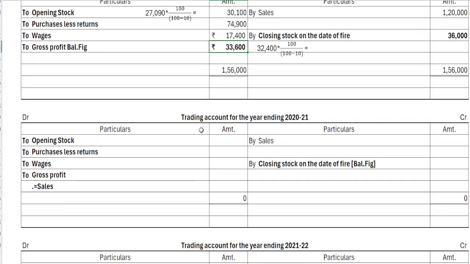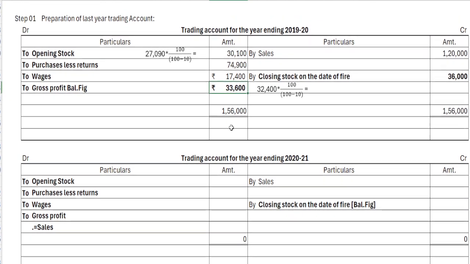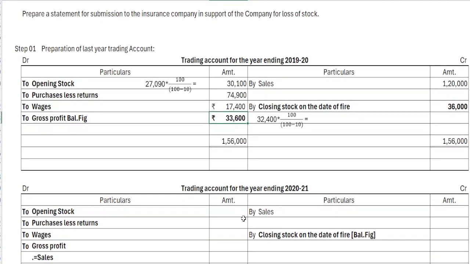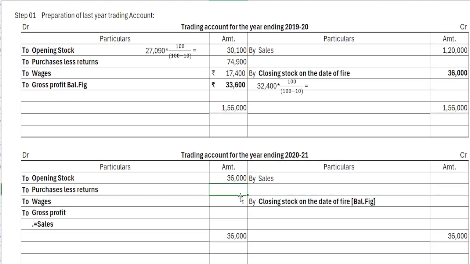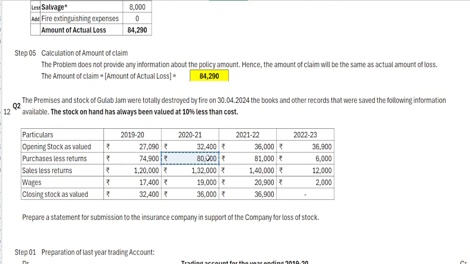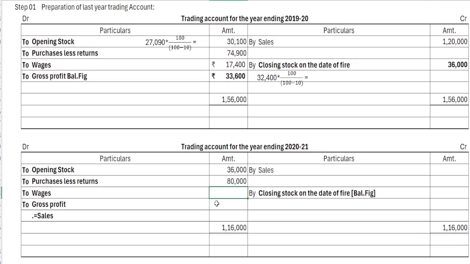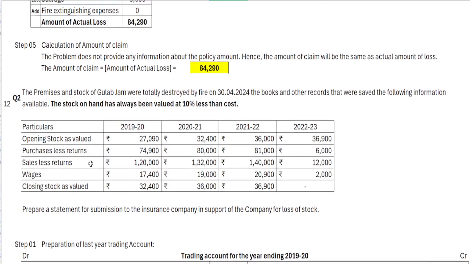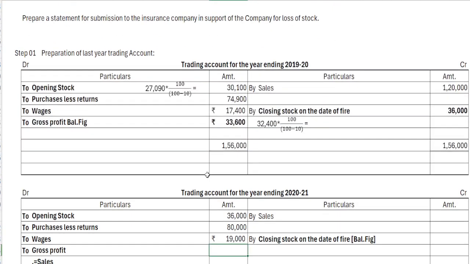Now let's calculate the trading account for the year ended 2020 and 2021. Opening stock is equal to the previous year's closing stock, or we can calculate it again with the available data. Purchases is 80,000. Wages 19,000.